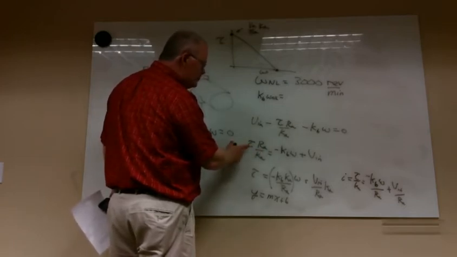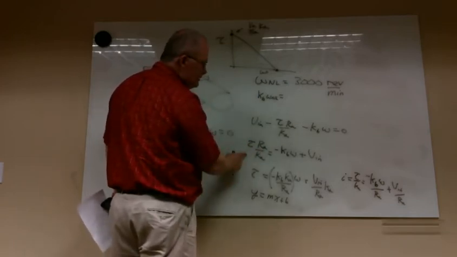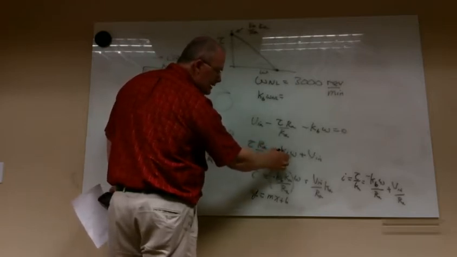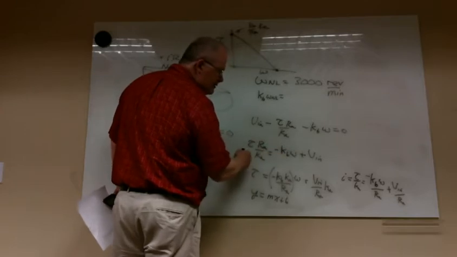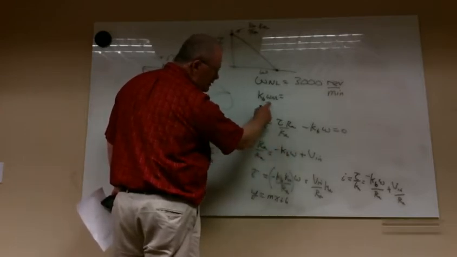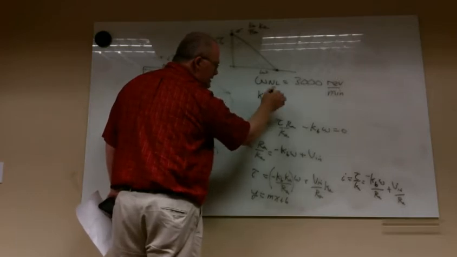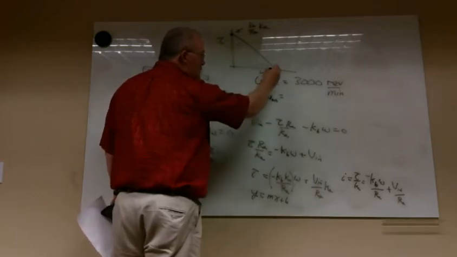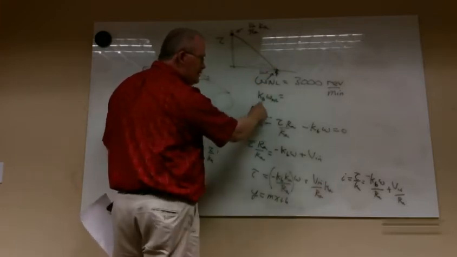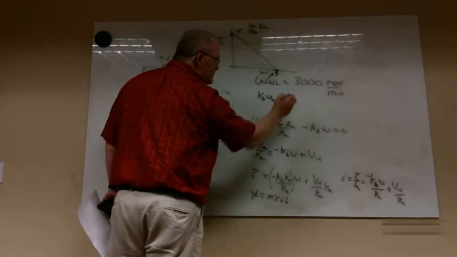If the torque is zero, and torque is only zero there, this quantity is zero, that says negative Kb omega added to Va is equal to zero. In other words, this is the particular omega no load right there, and Kb times omega no load is the applied voltage.